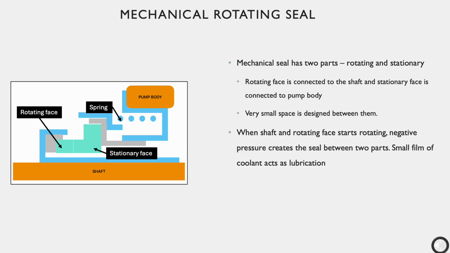When the shaft spins, we have one piece of the seal spinning at high speed, while the other is stationary in very close proximity. This creates a high negative pressure in this narrow gap, and the sealing is achieved. A very small film of coolant is generated in this gap, which acts as a lubricant between the two faces.